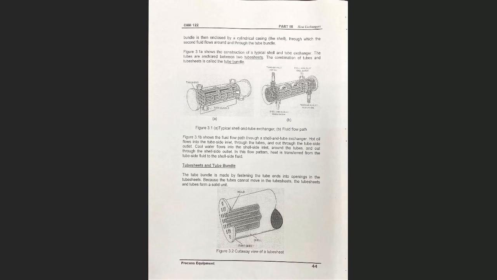Now the combination, guys, of the tubes and the tube sheets is called the tube bundle. The tube bundle عبارة عن the tube sheets plus the tubes, and all of them are actually enclosed by a cylindrical casing known as the shell. هذا الجدار الخارجي يا إخوان. التيوب بندل يكون موجود داخل الشell. جميل.